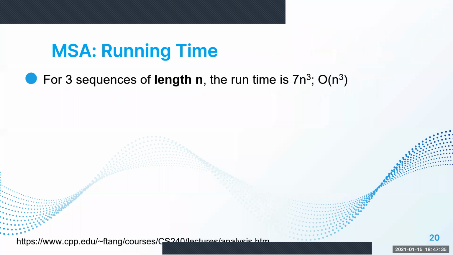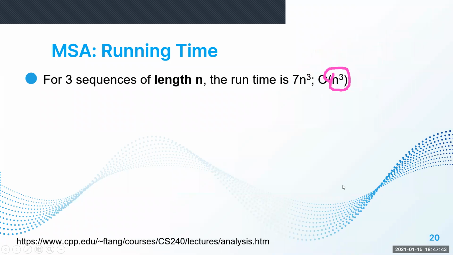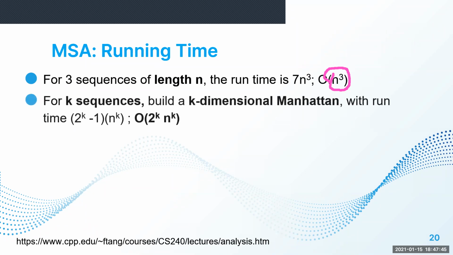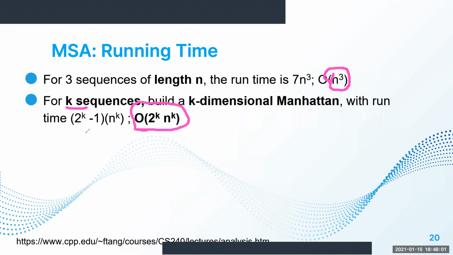Just keep in mind, this is something like n to the power 3. But if we consider k sequences, not just 3, then with 3 you get 7, and with k sequences you get 2 to the power k minus 1.